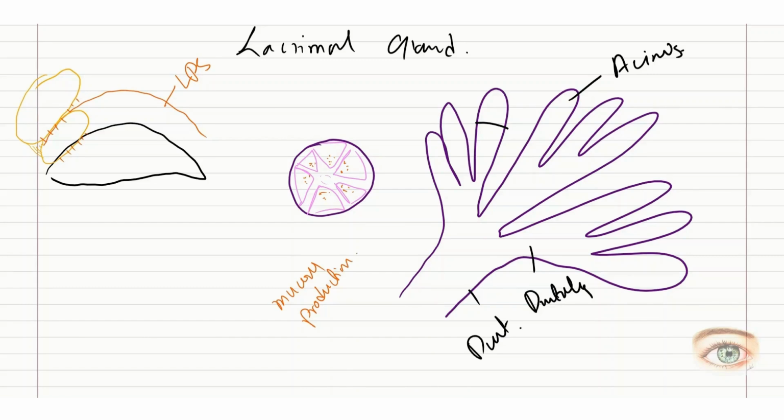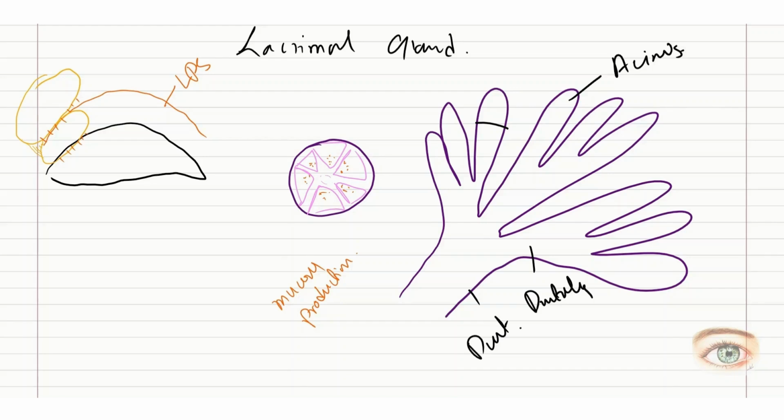Each secretory cell is different from the other. Now, there are two theories on this. Some claim that these differential changes are basically different levels of cell maturation, and some claim that there are actually different types of secretory cells present in the lacrimal gland, in these acinar cells.